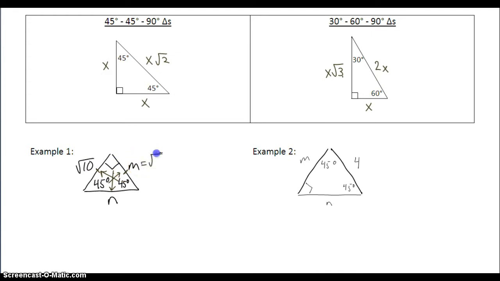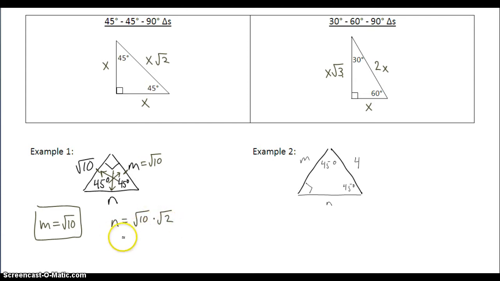So m is going to be the square root of 10 big. N, the hypotenuse, is going to be bigger than the leg. In essence, I know this side is the square root of 10. To get to my hypotenuse, I need to take the square root of 10 and multiply by the square root of 2.